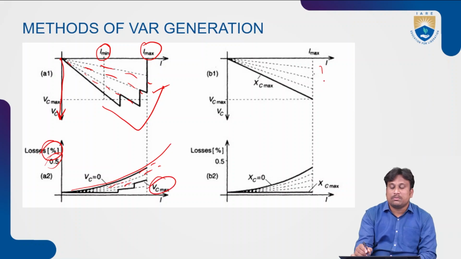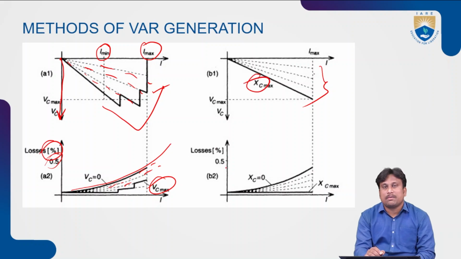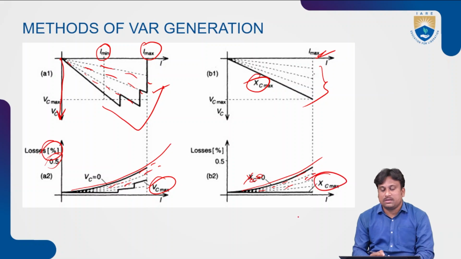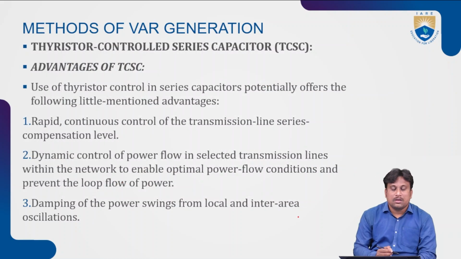Here is the region covered with XC max, where the capacitive reactance will be maximum with the maximum current. And this is the value with XC equals 0, that means the boundaries which will occupy the maximum value about the 0.5 region. So what are the advantages of TCSC?